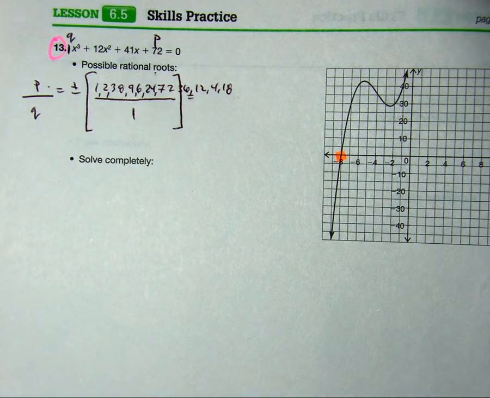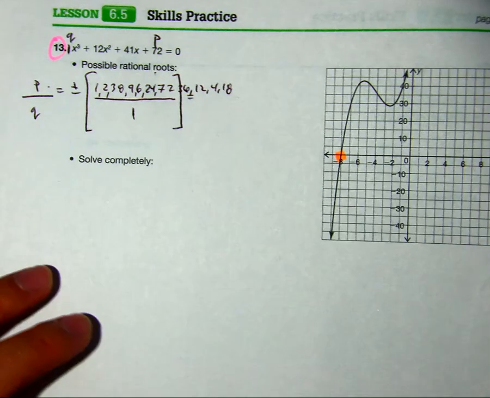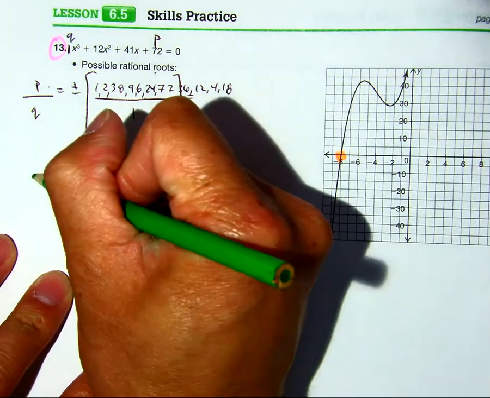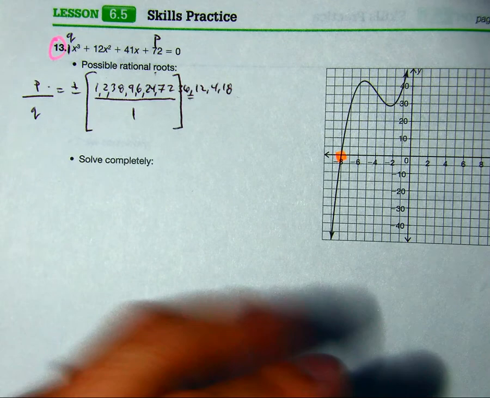Now, Verania, the picture tells us a hint. What does the picture tell us? For example, if I'm going to use synthetic division to factor and solve the rest of this, let's go back to yesterday's lesson.